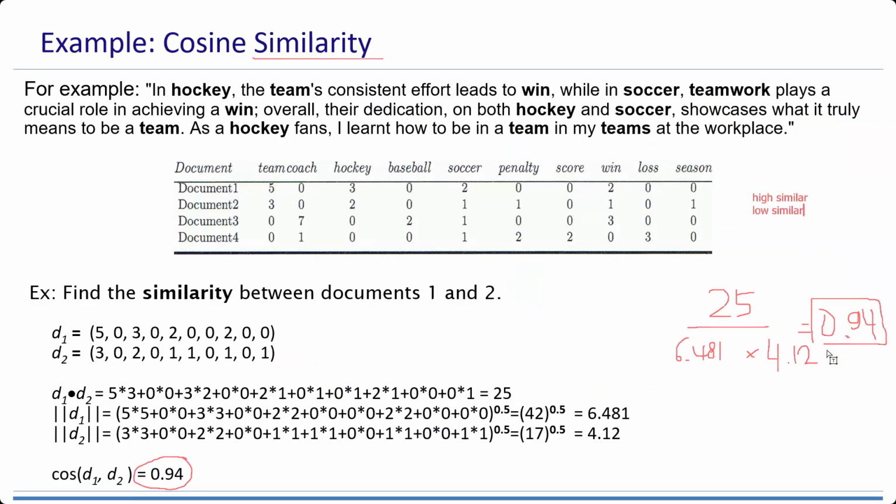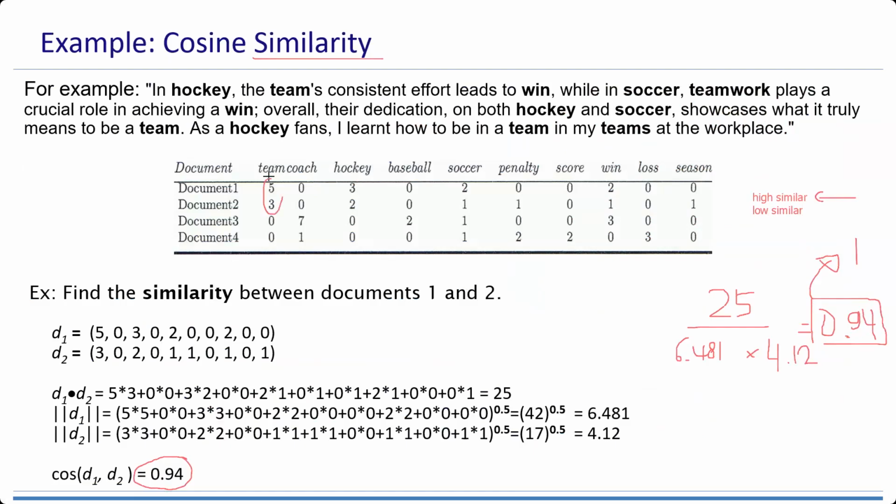If you look at this, it is high or low. This shows high similarity. The value, if it is higher or nearby one, it is high similarity. So you can see from here.